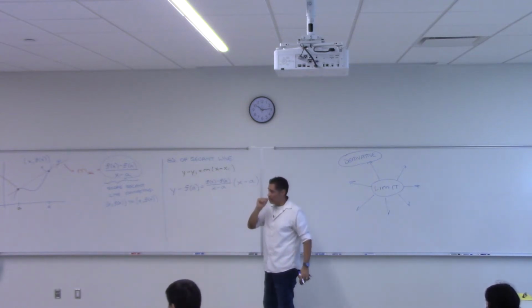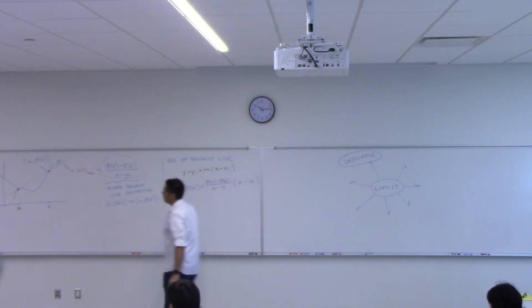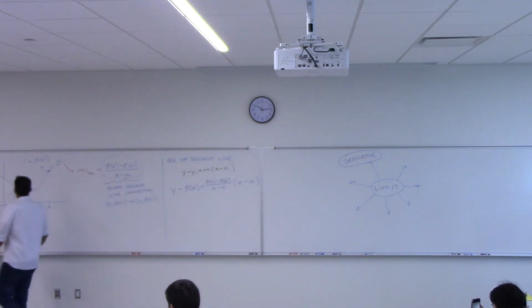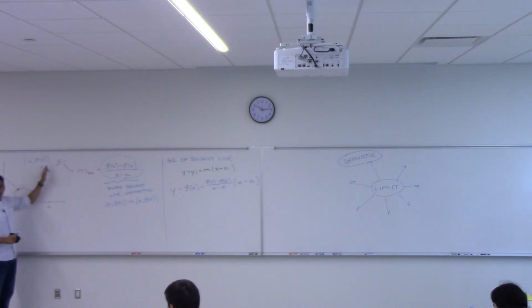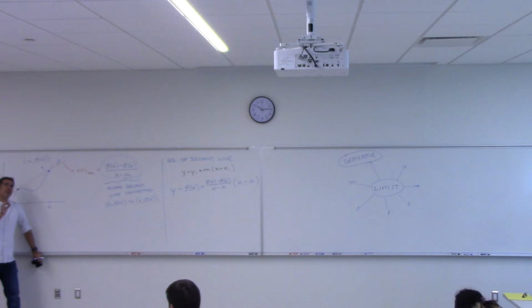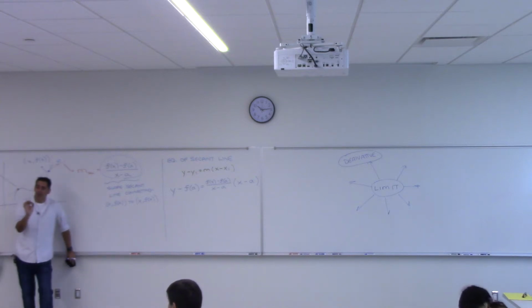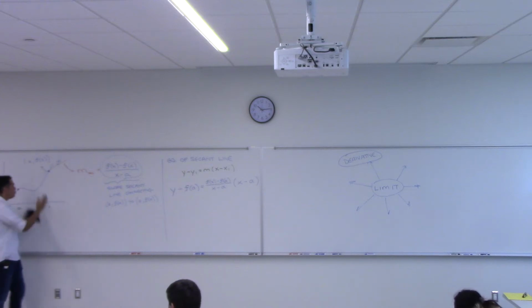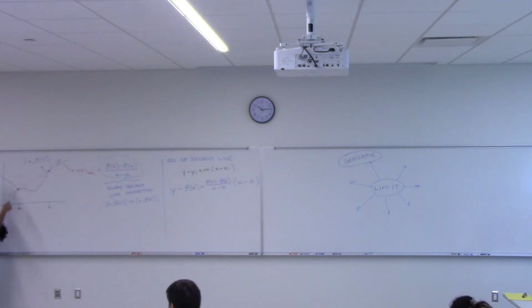Is the left point always going to be stationary, or could that also slide over to the right one? You could have said, let's leave this one here and move this one to that one, and use those points. But the thing is, we want to know from the picture the slope of the tangent line, and that's at a single point. Which one of these you want to do it at is up to you. The way I've drawn this is that a is going to be our anchor point.